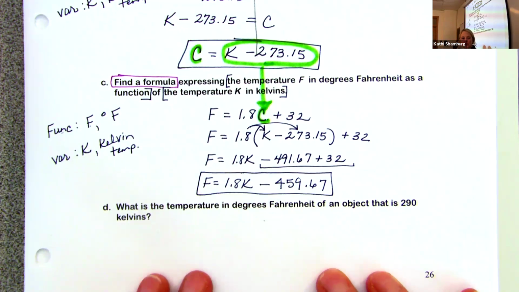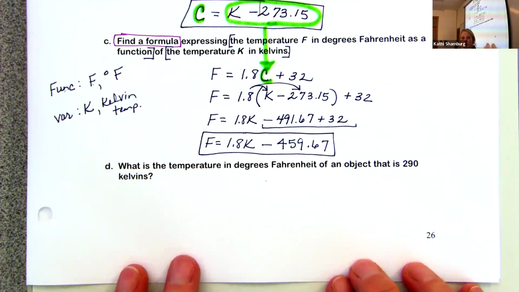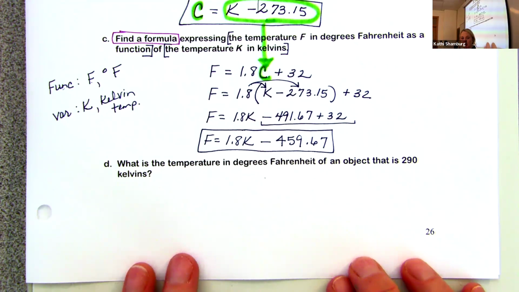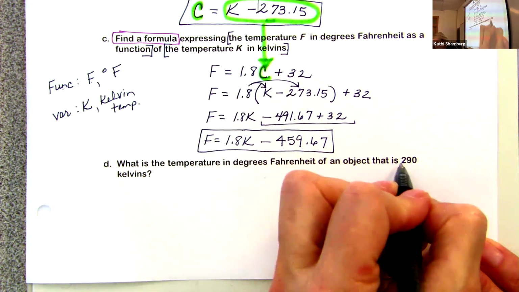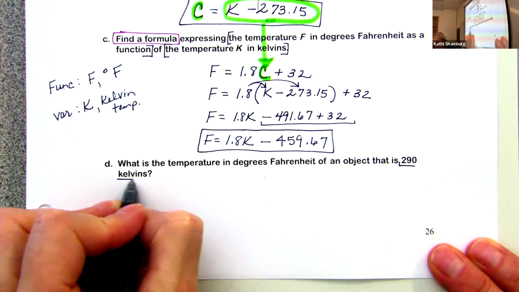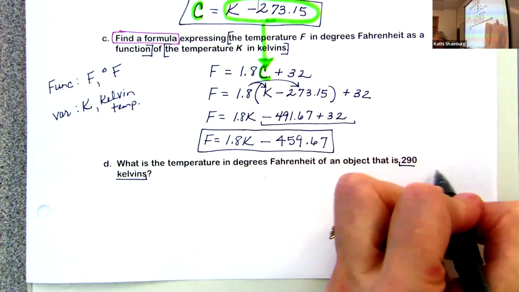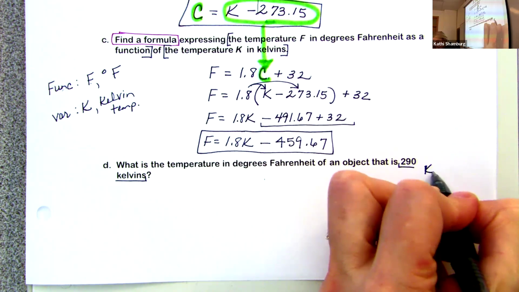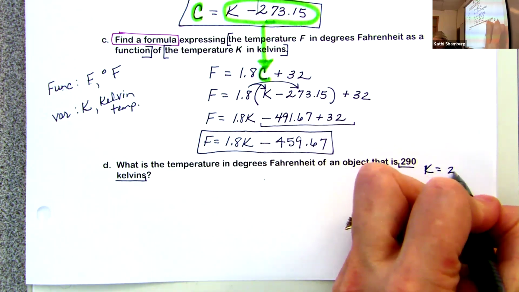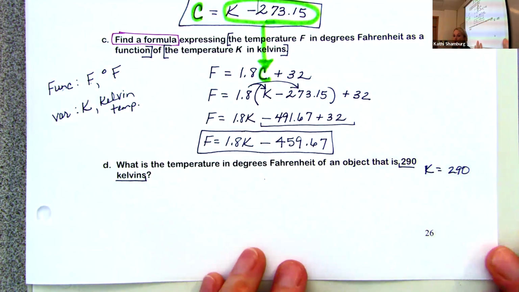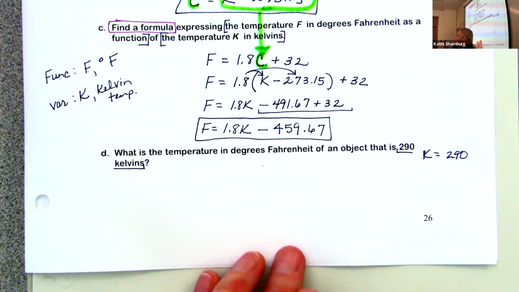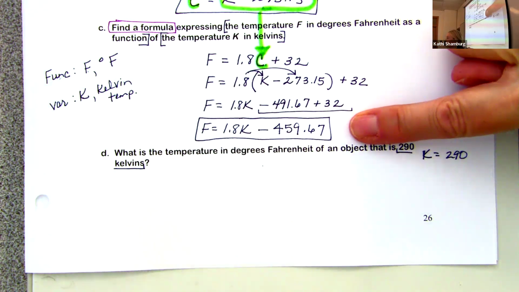So now it wants us to take that formula and it says, what is the temperature in degrees Fahrenheit of an object that is 290 kelvins? So right here, they're telling us that kelvins is equal to 290. So was I given the function value or the variable value in relationship to this formula?